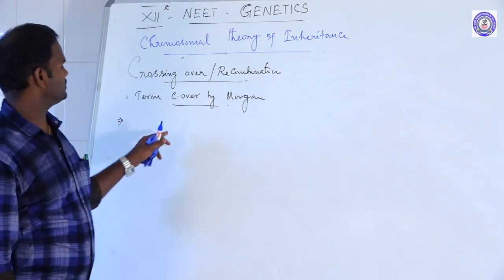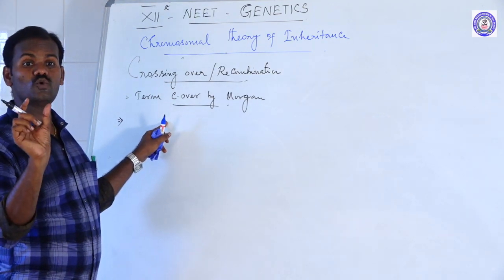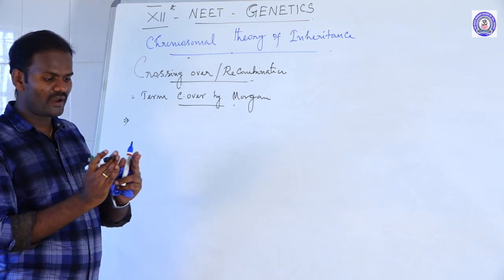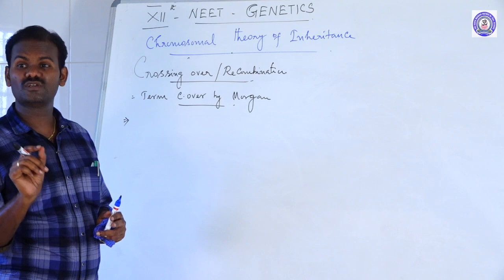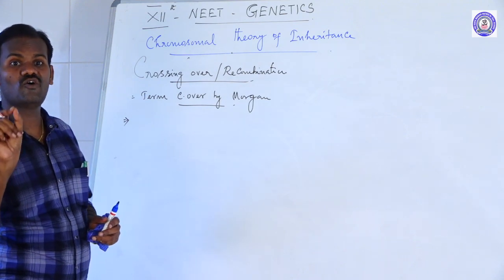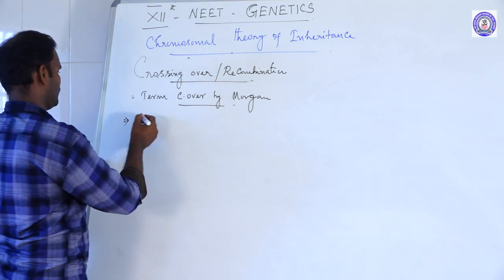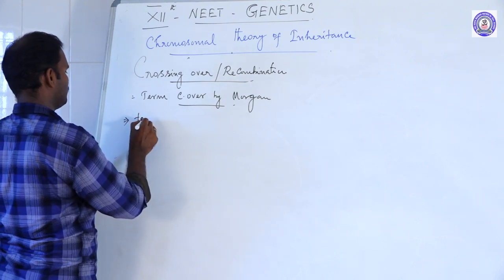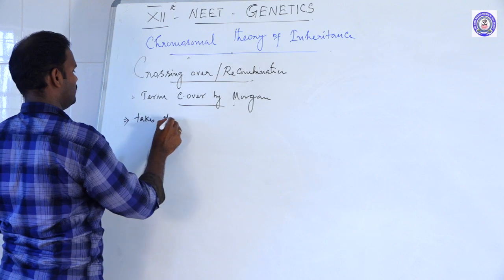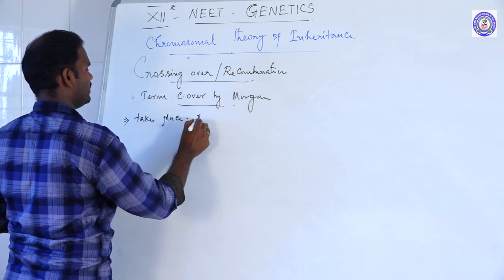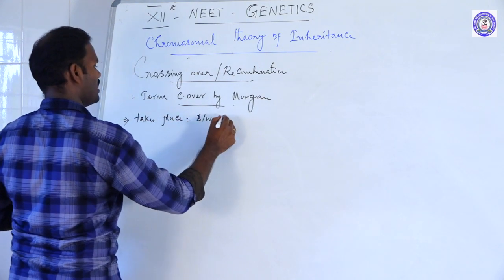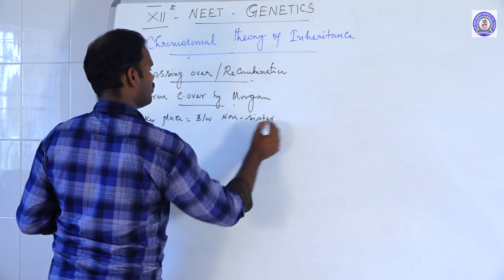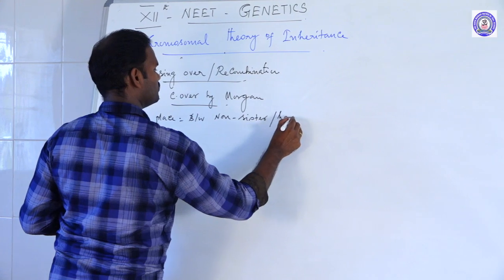Crossing over is the process by which new combinations of genes are formed by interchanging the corresponding segments between two non-sister chromatids of the homologous chromosomes. Crossing over takes place between the two non-sister chromatids of the homologous chromosome.